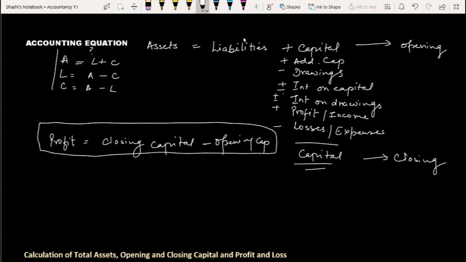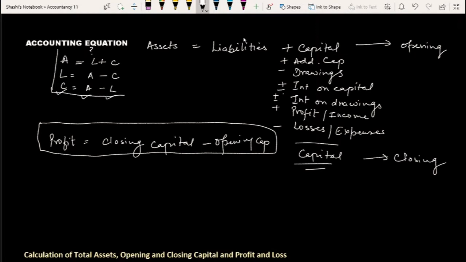So this also means that if accounting equations are not given directly, if you are not asked to prepare the accounting equation, then such questions may come where something is missing and you need to calculate it. Also do remember opening capital is the beginning capital, and this is the closing capital. For finding out the closing capital, you need closing assets and closing liabilities.